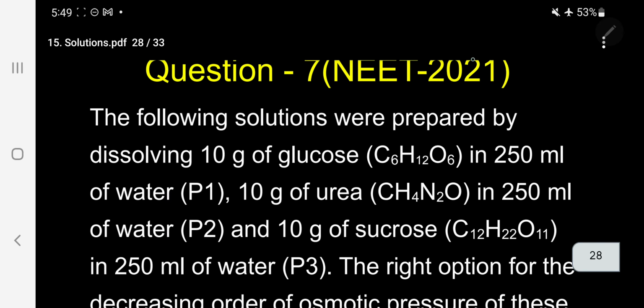Question number 7. Please follow. This question was asked in NEET 2021.